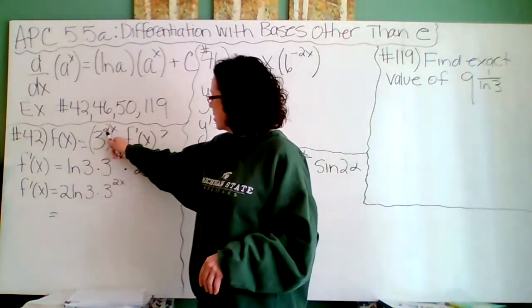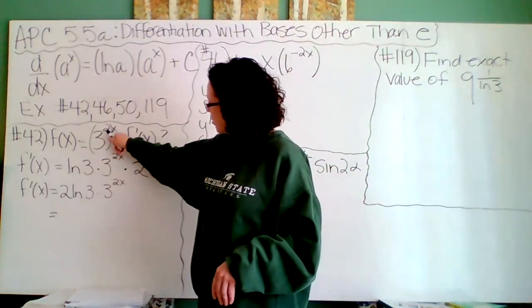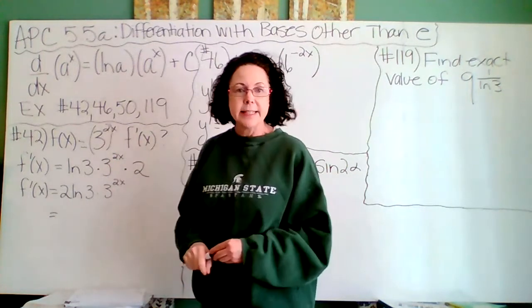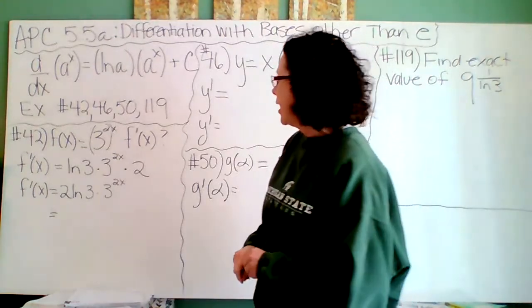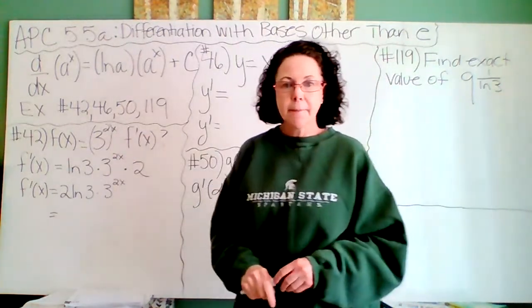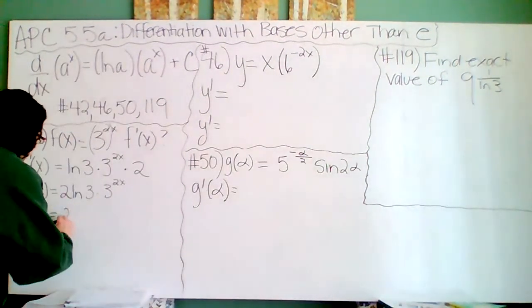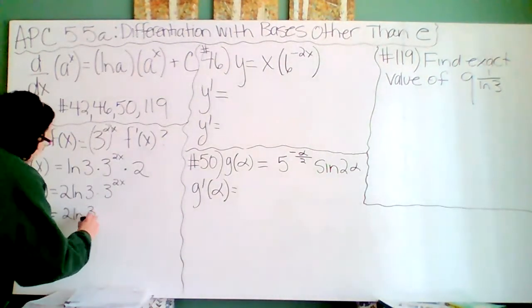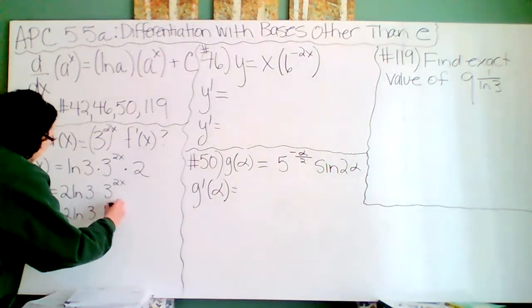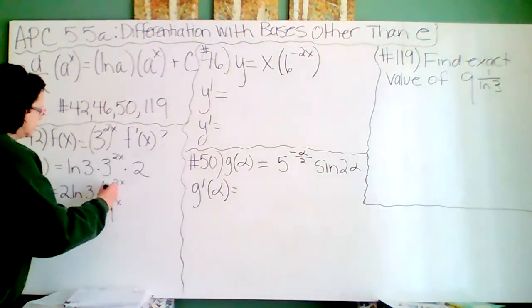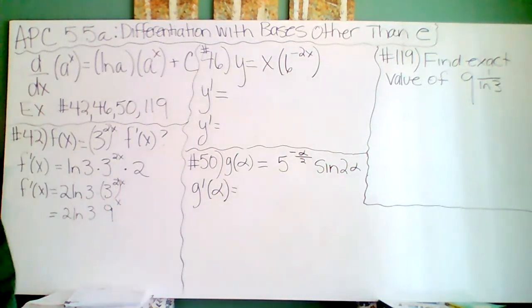Whenever you have one exponent raised to another, you multiply. So without the parentheses and with the parentheses, this is the same. 3 to the 2x is the same as 9 to the x. But they wrote it like they did. But in the end, their final answer, they wrote as 2 times the natural log of 3 times 9 to the x. Okay. No big deal.